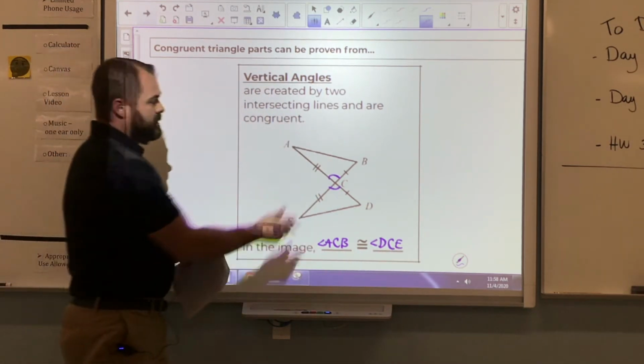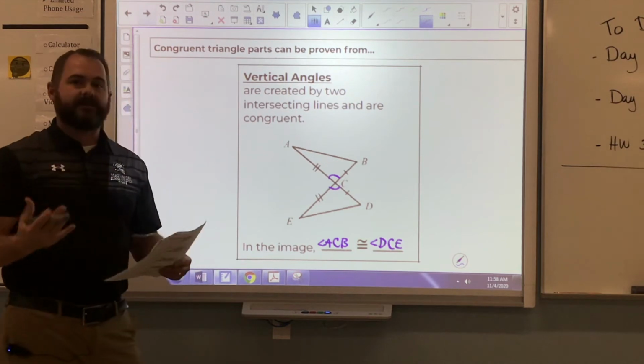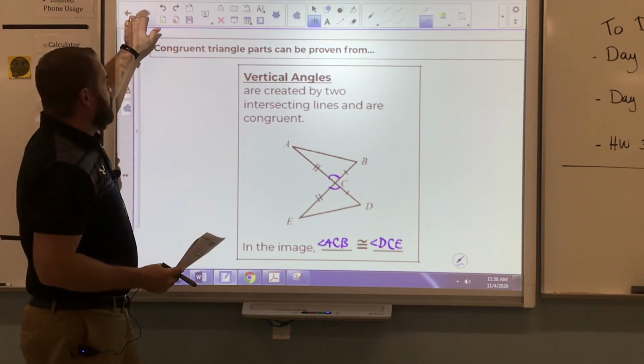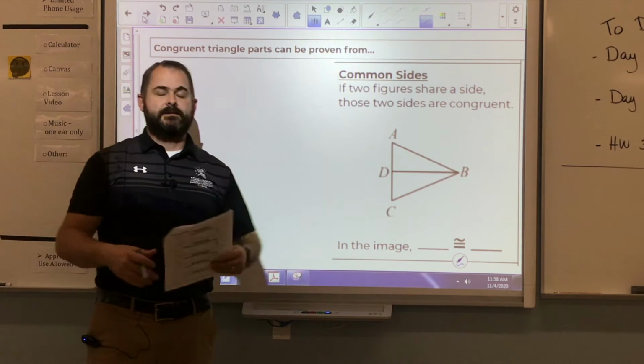Remember, vertical angles are these angles that are opposite from each other when I have intersecting lines.